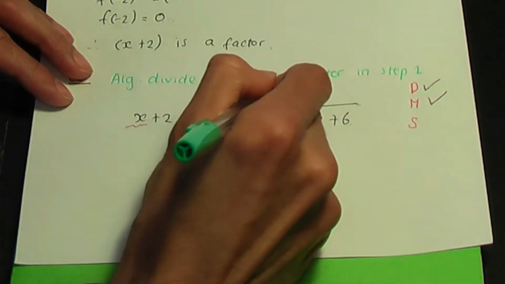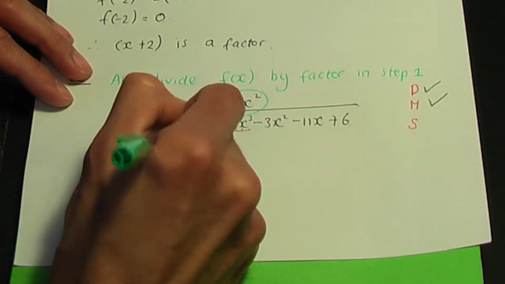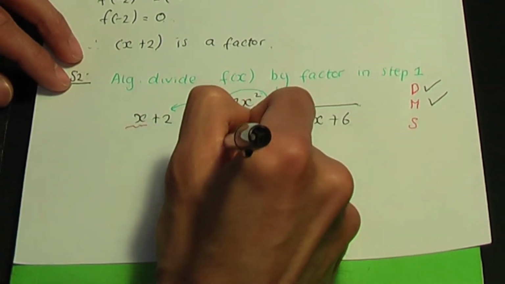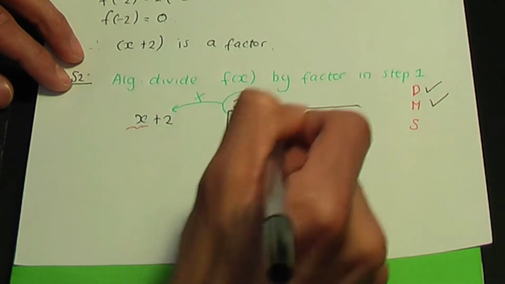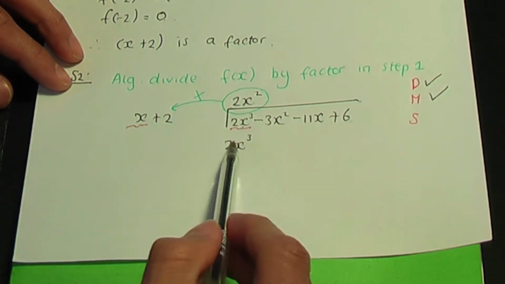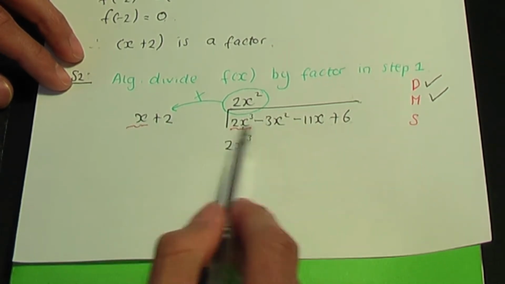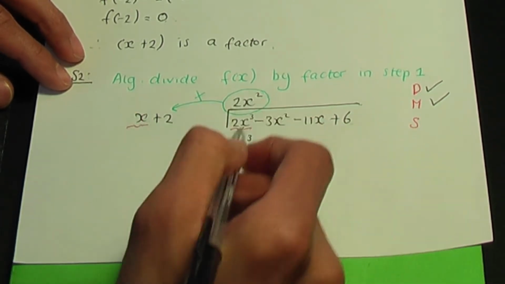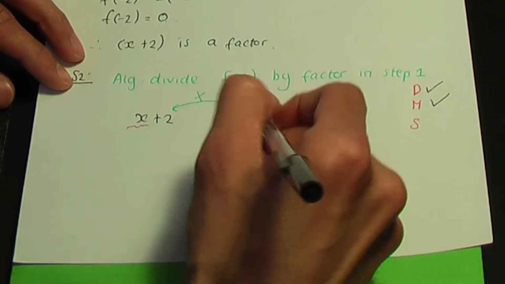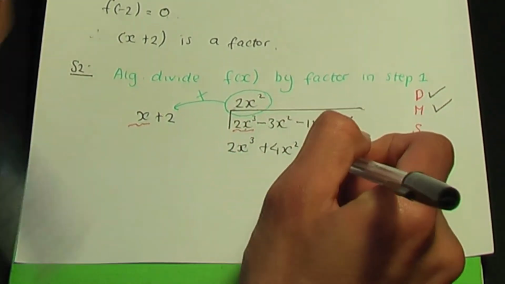Now we multiply 2x squared by both terms in x plus 2. So 2x squared times x is 2x cubed. Whenever you multiply, put the outcome underneath the corresponding powered terms of your dividend. Let's continue. 2x squared times 2 is 4x squared.